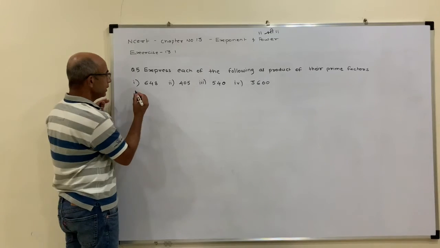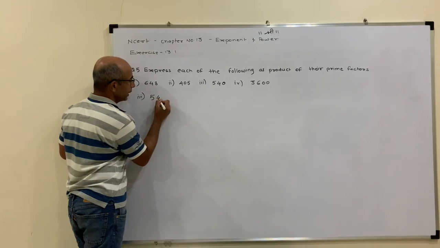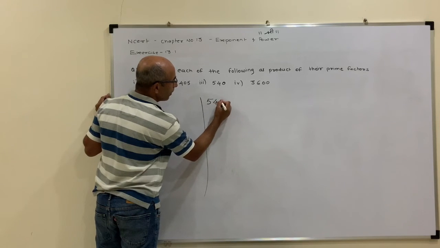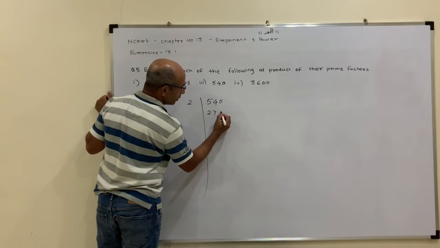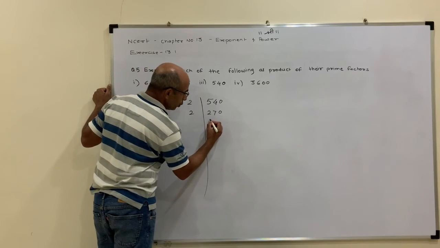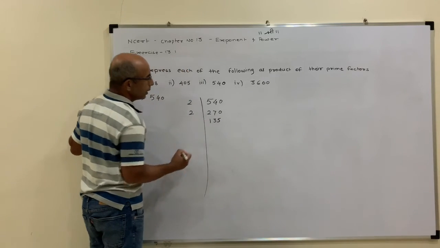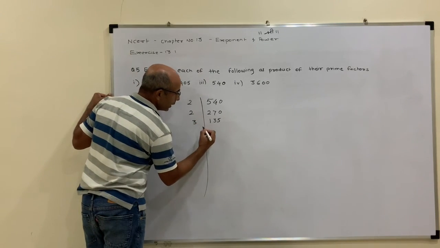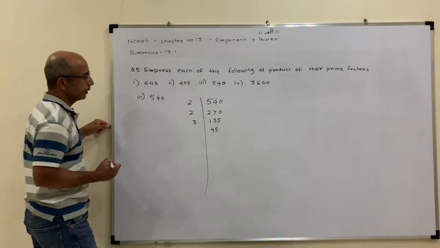Now we'll be solving the third one. 540. Now 540 is divisible by 2. 2 2s are 4, 2 7s are 14 and 0. Then 2 1s are 2, 2 3s are 6, 2 5s are 10. Then 3 4s are 12, 3 5s are 15.